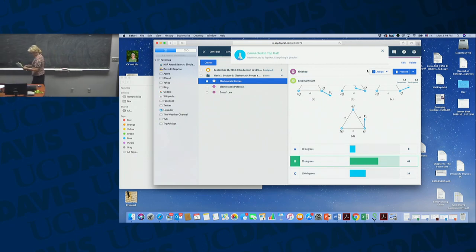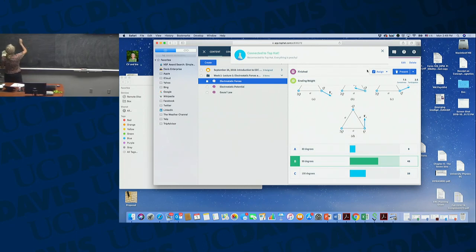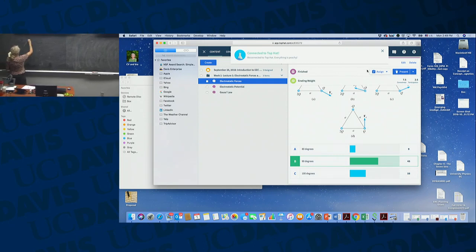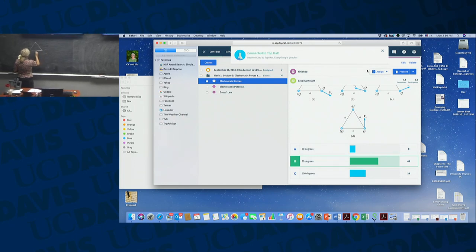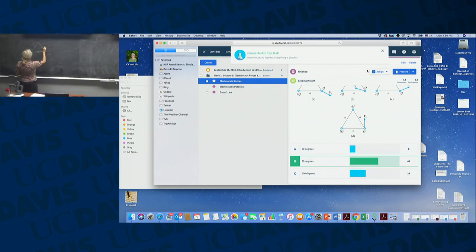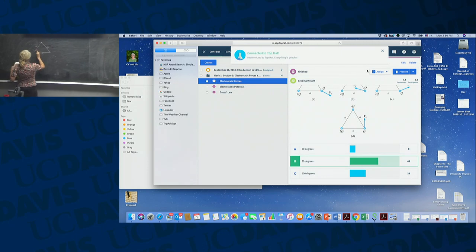All right, the problem was the following. 3 charges. So you have an equilateral triangle, all right? So all sides are equal. And if all sides are equal, what are the angles? 60.